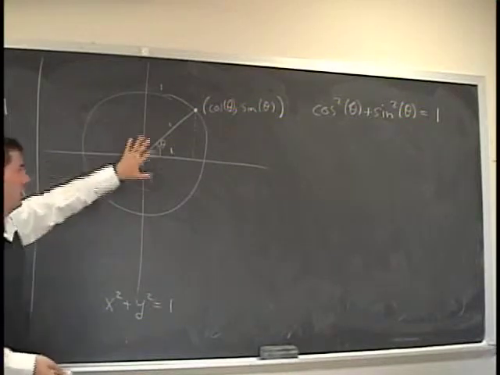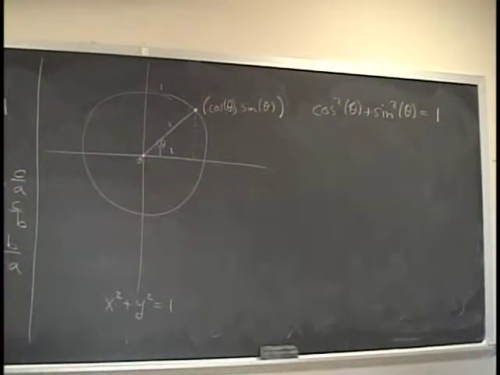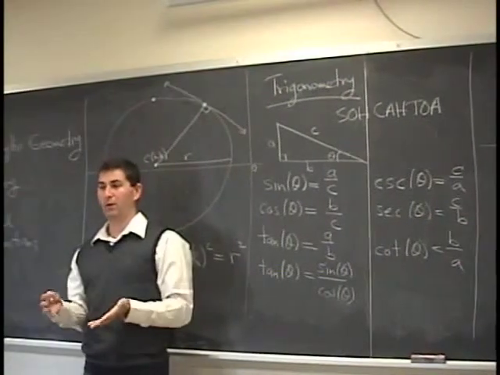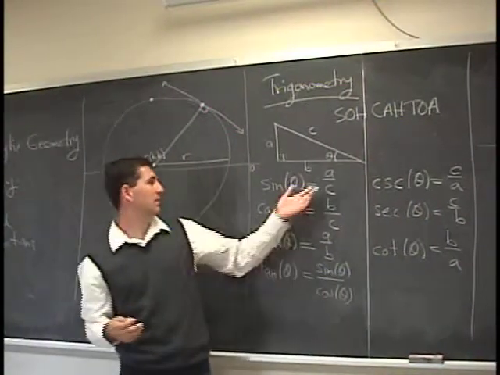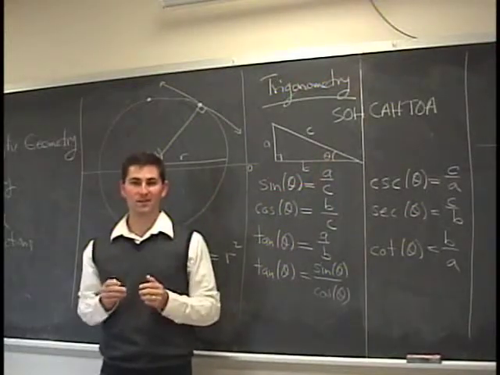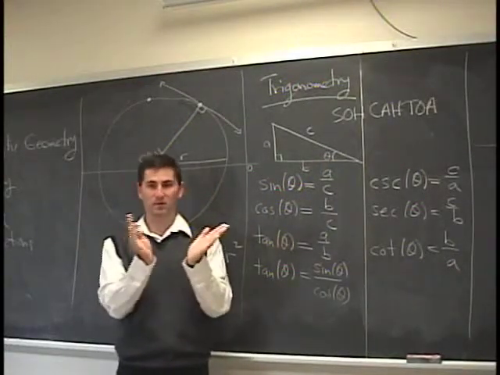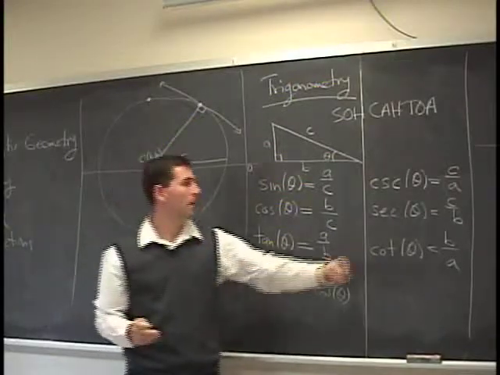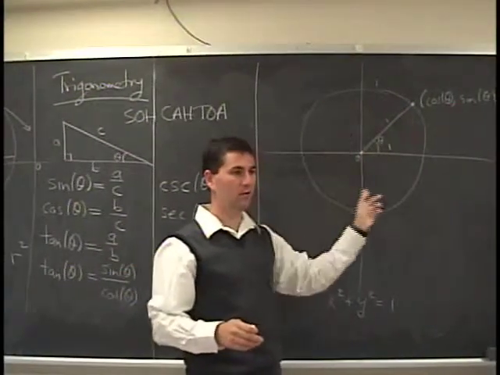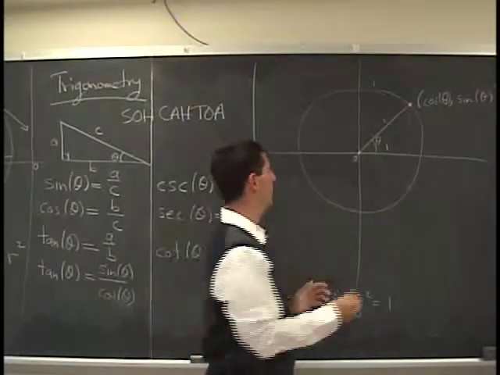Why else is this important? Well, if you talk about right triangles, what can this angle theta be? Well, it should be an angle greater than 0, and it has to be less than 90 degrees, because you can't have two 90-degree angles in a triangle. So you're really restricted to between 0 and 90 degrees. If you use this definition, you can make your angle anything you want.